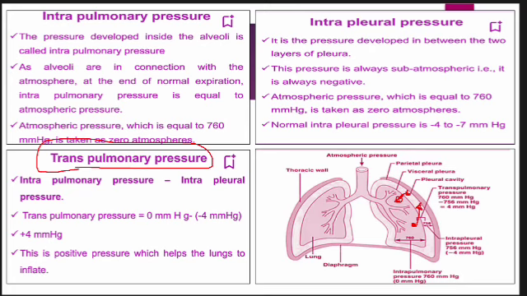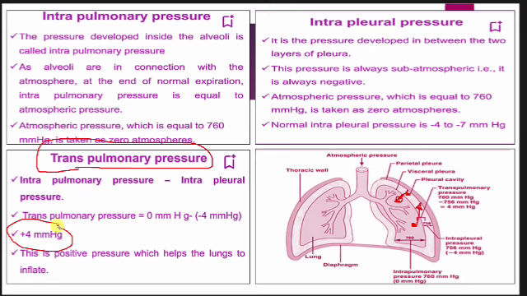So do the mathematics. 760 minus 756. What would it give you? Plus 4. So this tells you that the transpulmonary pressure is a positive pressure, and the normal value is plus 4 millimeters of what? Mercury. Plus 4 millimeters of mercury.